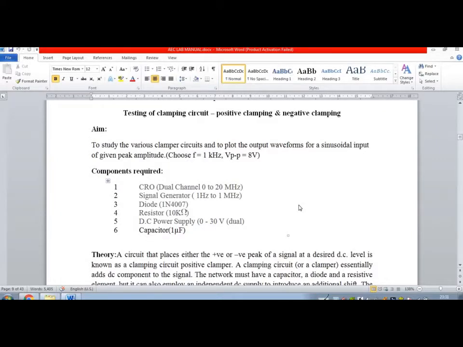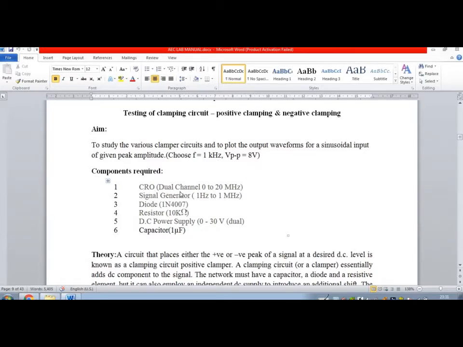Testing of a clamping circuit. The aim of this experiment is to study the various clamper circuits and to plot the output waveforms for a sinusoidal input of given peak amplitude. The design considerations are: frequency is set as 1 kHz and peak to peak voltage is 8 volts.